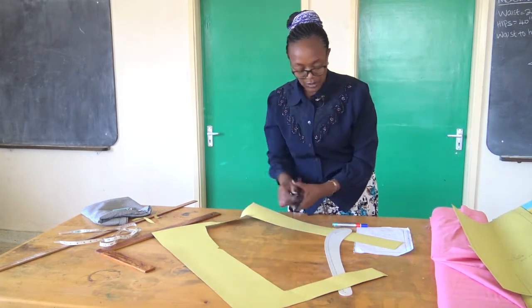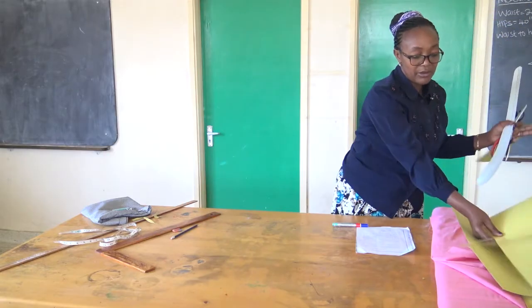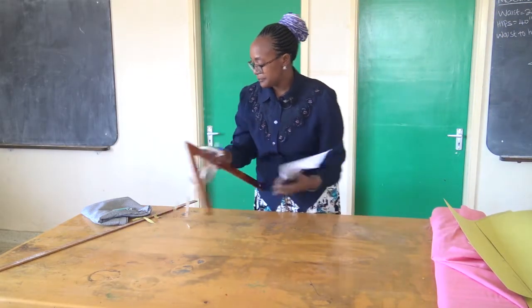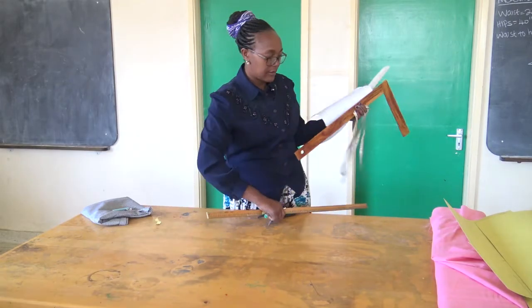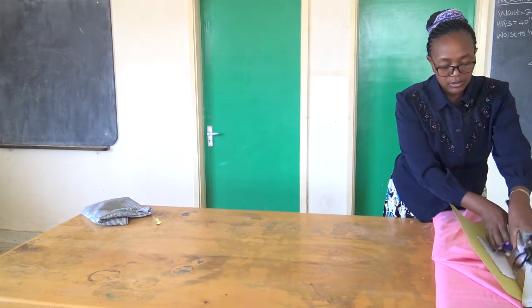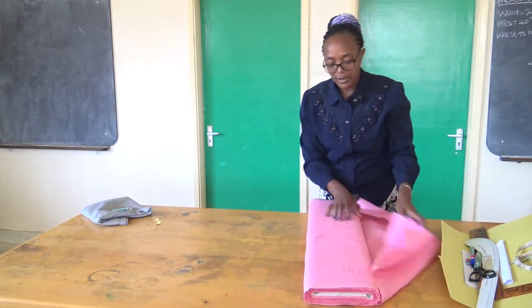It is important to clear your working table so that you are cutting your fabric from a smooth, flat table. So I will clear and then move on to cutting our patterns. This is my fabric.